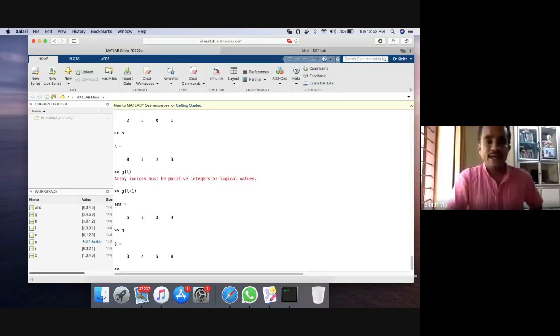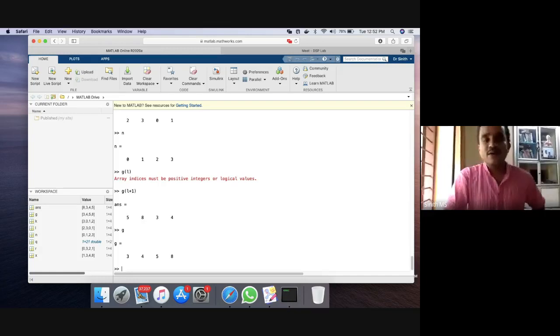If you shift it by a factor of 2 to the right, the 8 will come to this side, then 5, so 5 will be at the beginning: 5, 8, 3, 4, which is G of L plus 1. Okay, so this is how you do circular shifting.